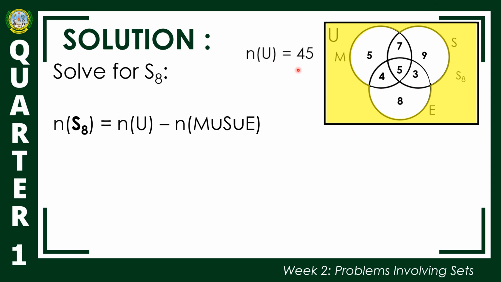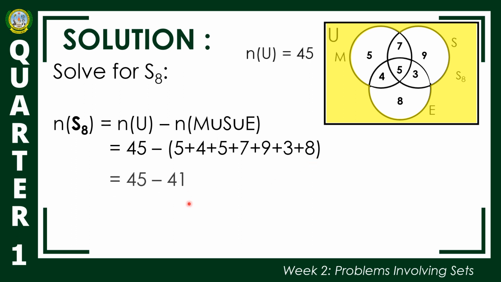According to the problem, there are 45 elements in the universal set. So that will be 45 minus the sum of every element po inside the 3 circles. So that is 5 plus 4 plus 5 plus 7 plus 9 plus 3 and 8, and that is equal to 41. 45 minus 41 is 4. Meaning, there are 4 elements in S sub 8.